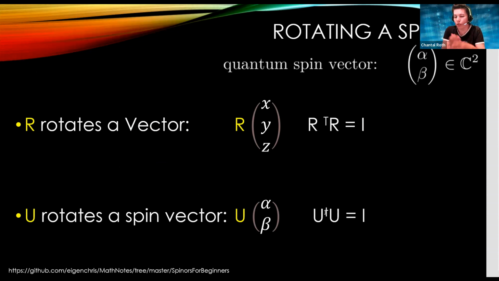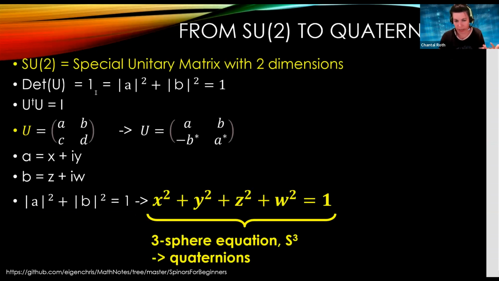For instance, if you rotate a vector, the length has to be the same, obviously, and the same is true for the spin vector. So these conditions turn this U into an SU2. That's a special unitary matrix with 2 dimensions. It just means that, as I was saying, the length has to stay the same when you rotate it.